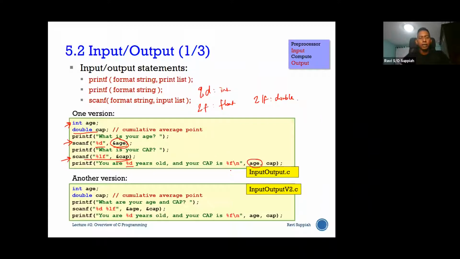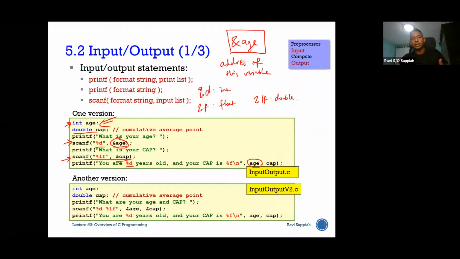Now why do you need to put the ampersand sign? This ampersand sign in front of a variable tells the compiler that I am specifying the address of this variable. So basically what is happening when I create a new variable: when the C compiler runs and sees this line here, integer h, that means you are telling the compiler you want to create this new variable and call it h.